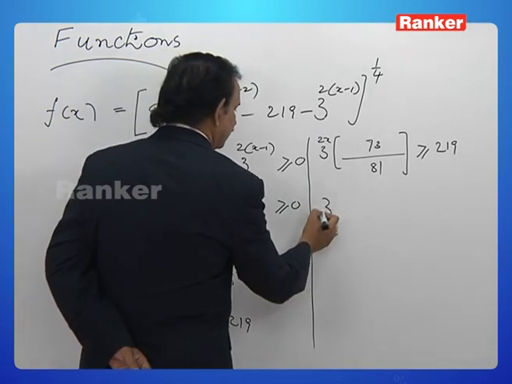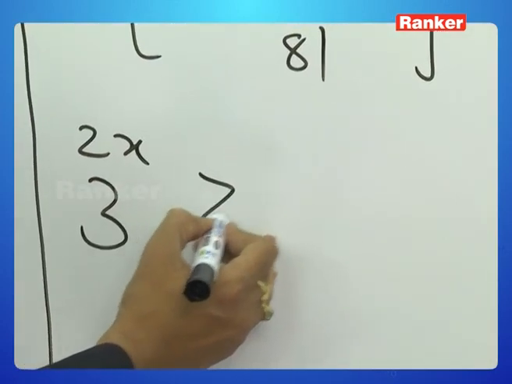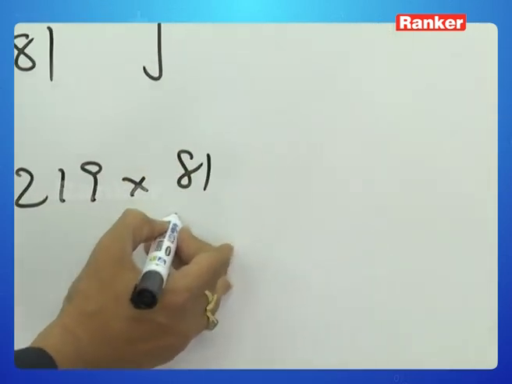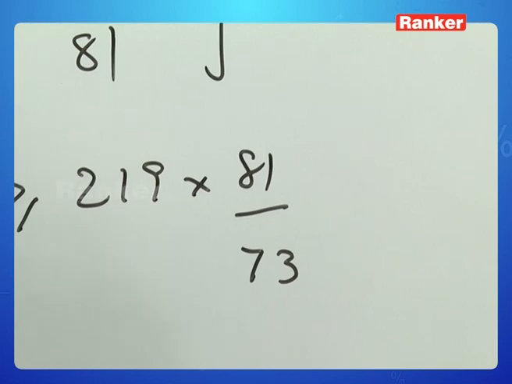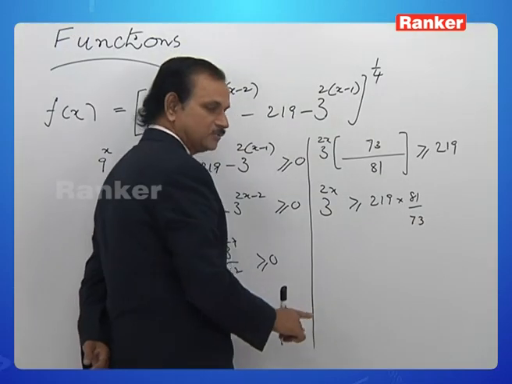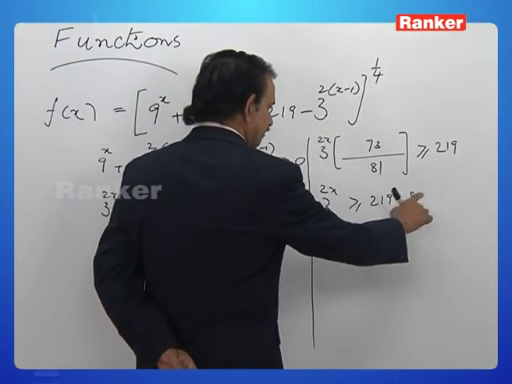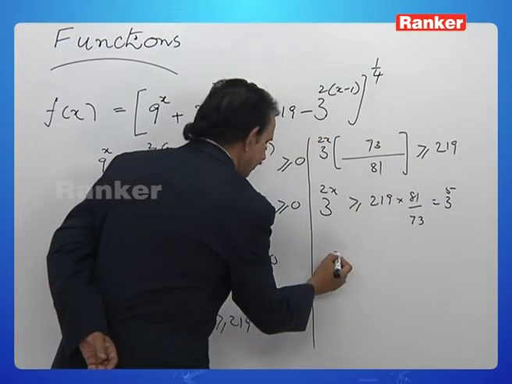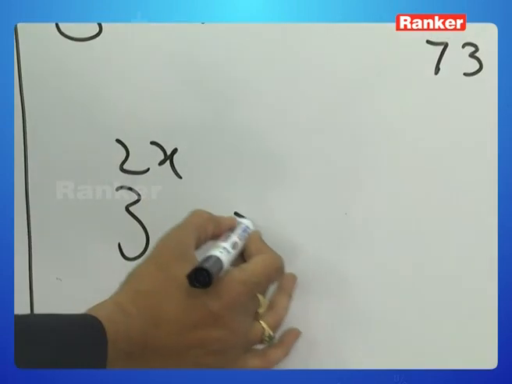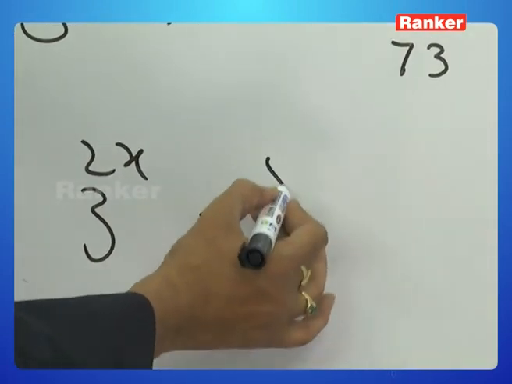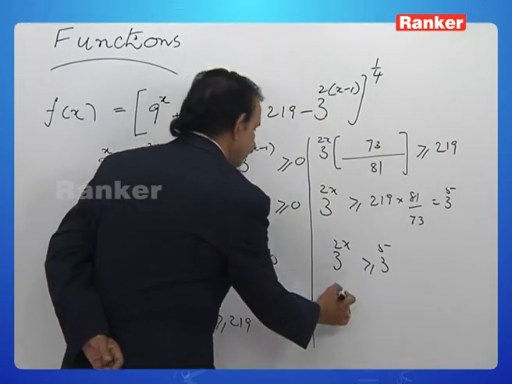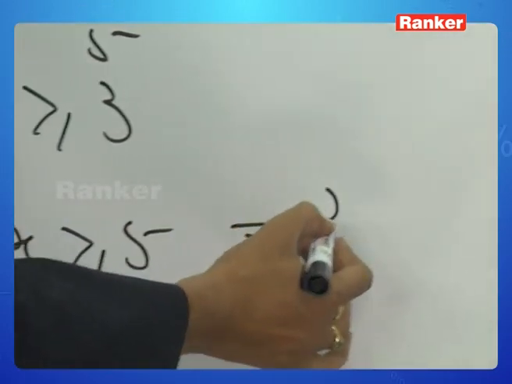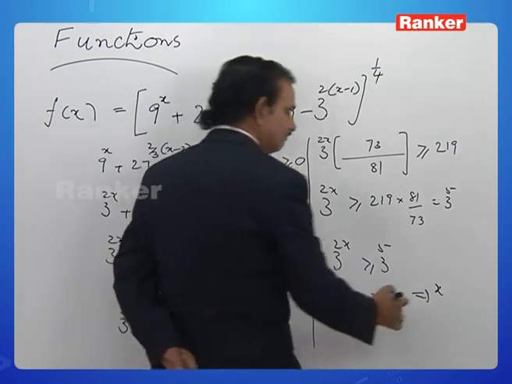Therefore, 3 power 2x greater than or equal to 219 into 81 by 73. 73 goes 3 times. This is 3, this is 3 power 4, this is equal to 3 power 5. Therefore, 3 power 2x greater than or equal to 3 power 5. Therefore, 2x greater than or equal to 5, which implies x is greater than or equal to 5 by 2.